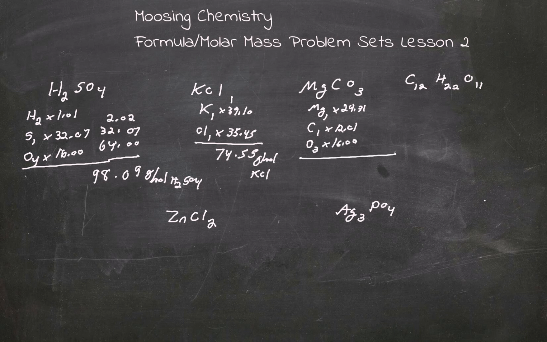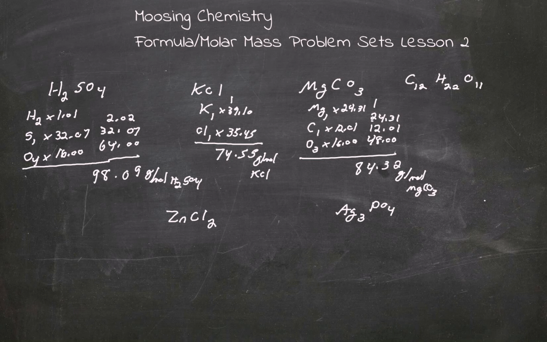We have 3 of those. So that gives me 48 for oxygens, 12.01 for carbon, and 24.31. I'm trying to do this without a calculator. It's kind of fun. It's always fun not to have calculators. Not always a good thing.